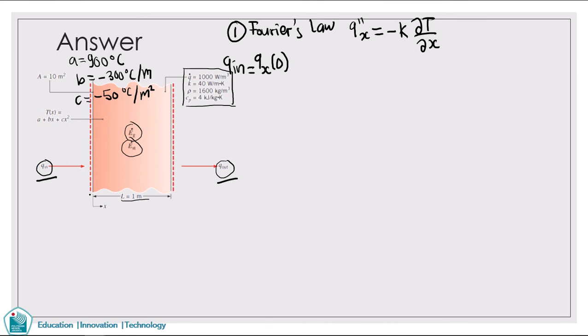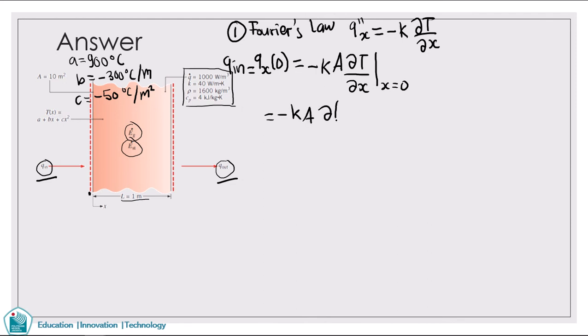So this part is equal to minus k multiplied by A times dT over dx, and we put the boundary where x equals 0. So this equation is simply changed to kA.